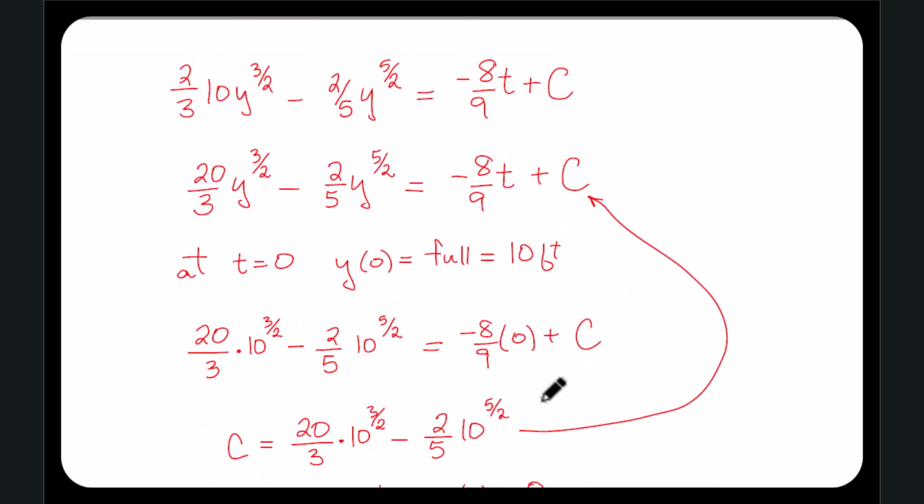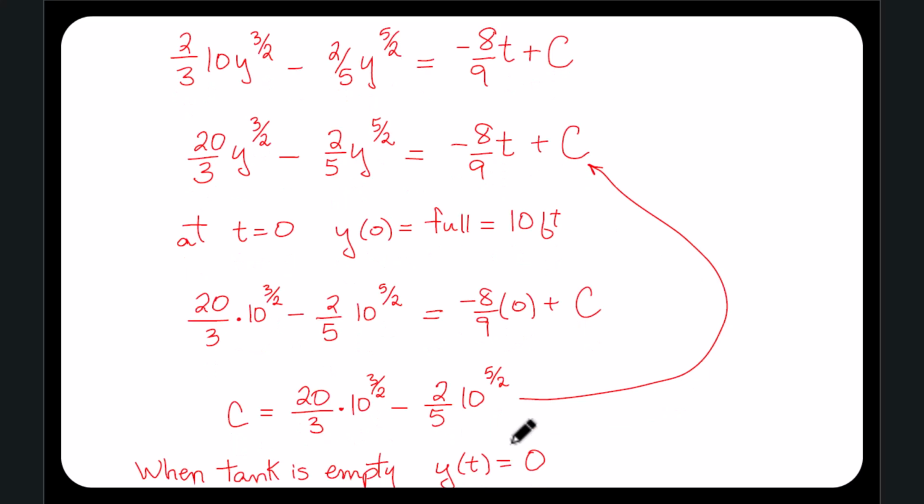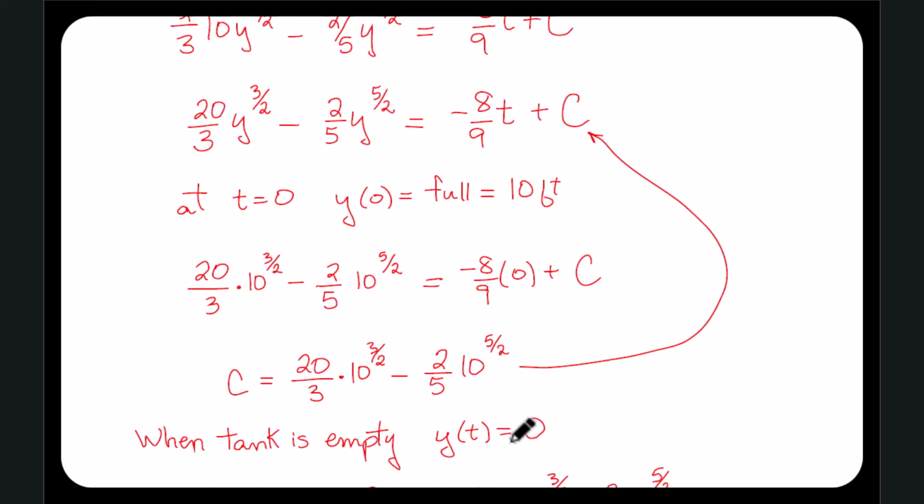And so we get this relationship for C. All right, so when the tank is empty, y is 0. So if y is 0, this will be 0, this will be 0. I can solve for t, and we just found this relationship for the constant C.